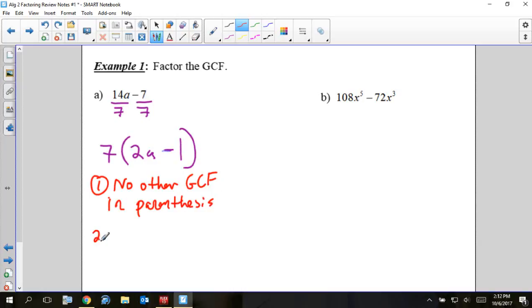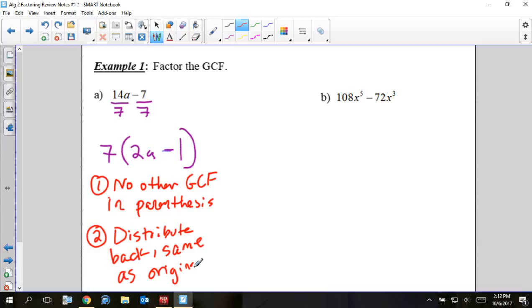And then the second way is if I distribute it back, if it's the same as the original, then I've done it right. If I just use my distributive property and it equals the original question, then I've done it right.